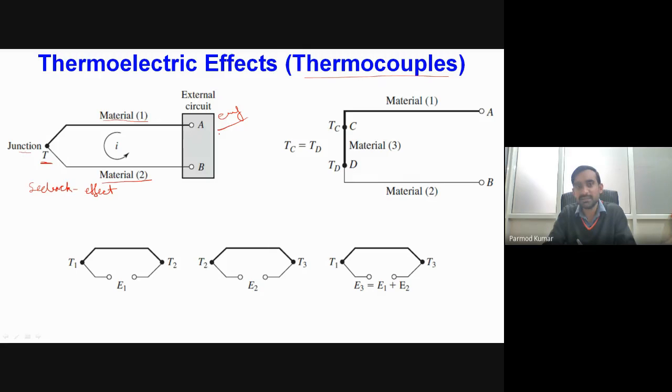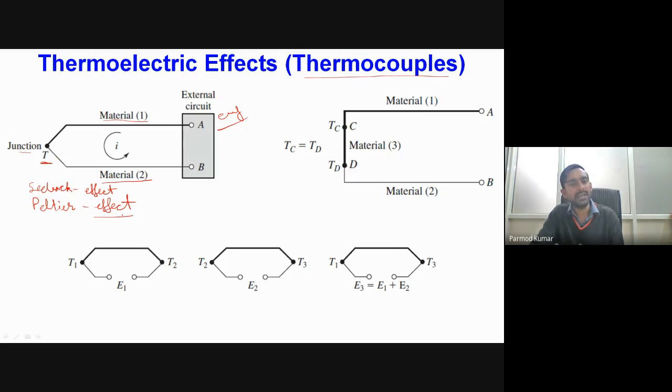Why do we have alteration? Because some current is flowing inside. Whatever alterations happen in the value of EMF because of the flow of current in the external circuit, that particular effect is known as the Peltier effect.